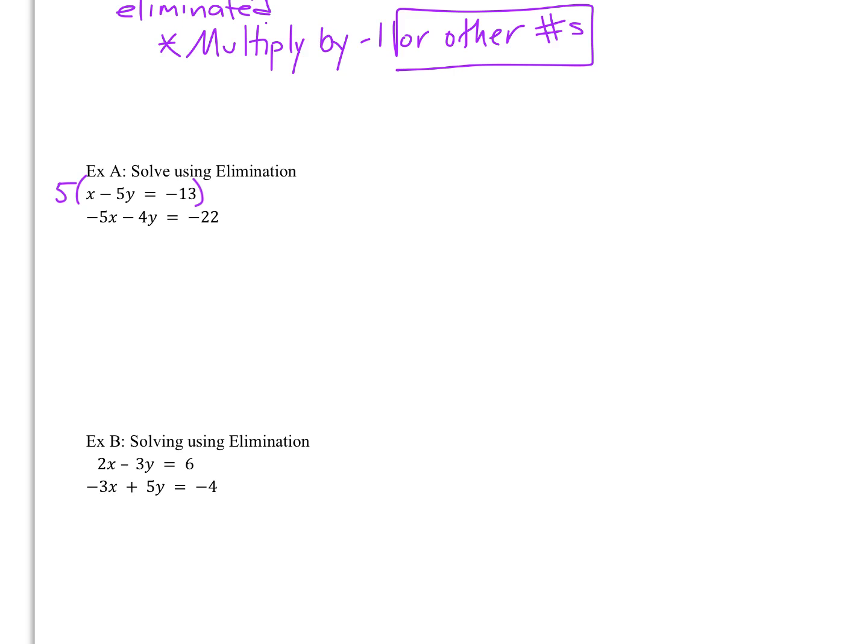So, if you're somebody who likes the words to refer back to, I would say multiply by 5 so it can cancel the -5x, okay? And it's really important when you do this that you multiply everything by that, right?